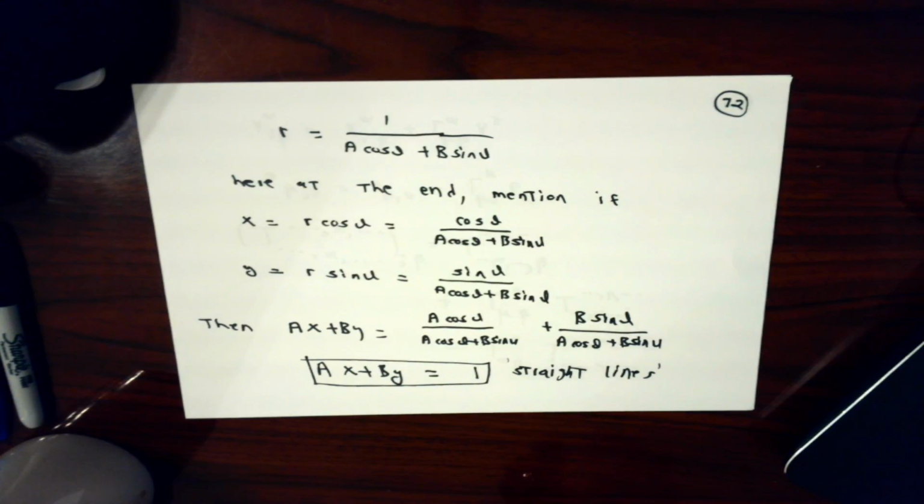If you were to multiply x by a, the top would be a cosine theta. If you were to multiply y by b, the top would be b sine theta. So ax plus by, after simplifying, is 1, and these are equations of straight lines in the xy plane.